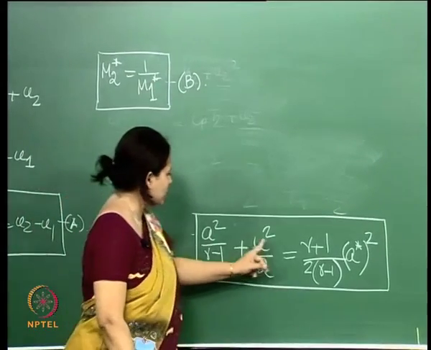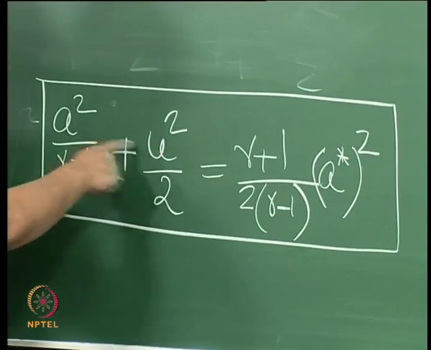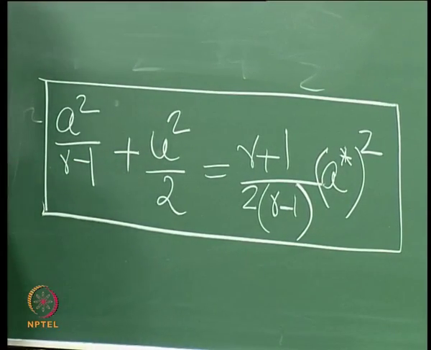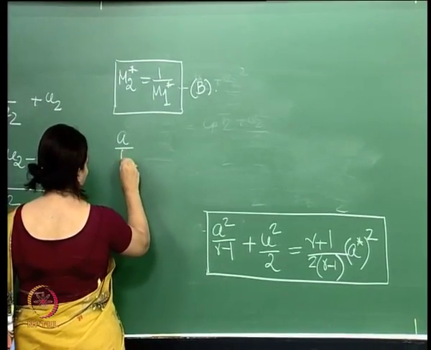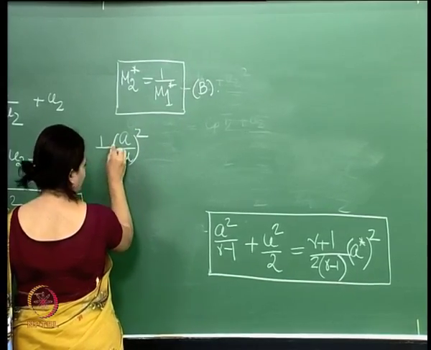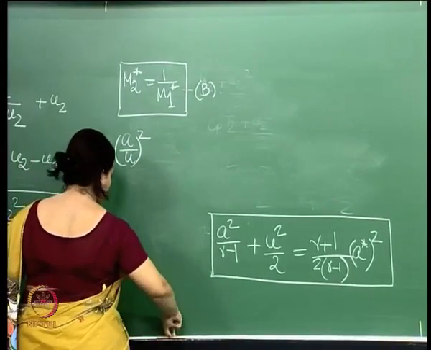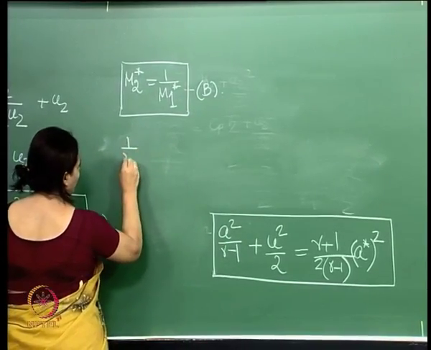So, what we can do is divide this by u square. If I divide this by u square, what I get is this. So, basically I am dividing this by u square, so what I get is this.